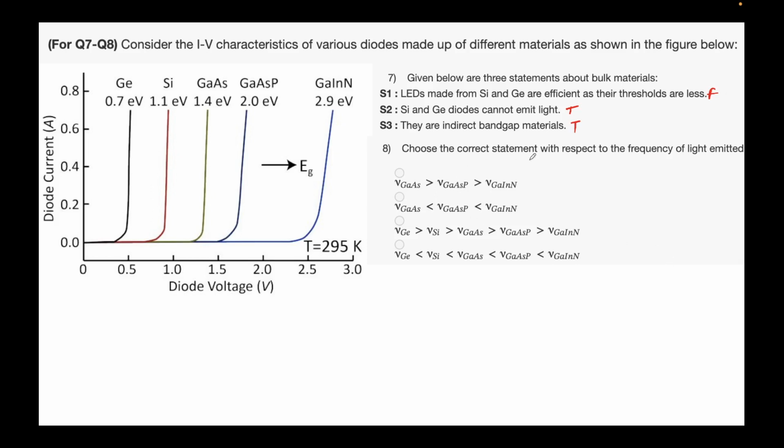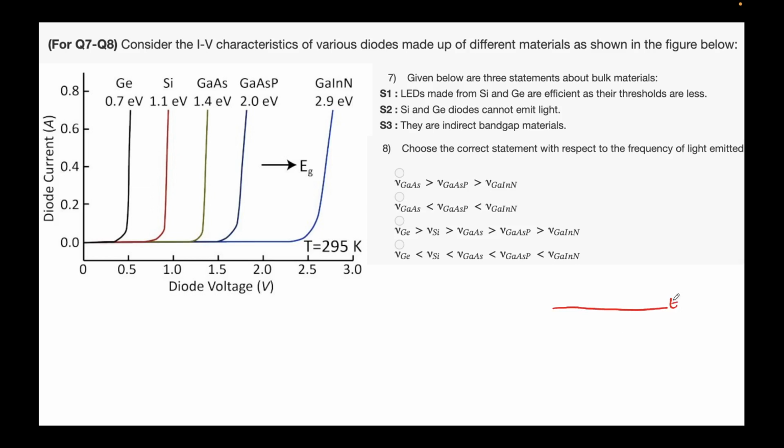Right. Problem 8. Choose the correct statement with respect to frequency of light emitted. So we know that this is very straightforward again. We are considering only two level systems.